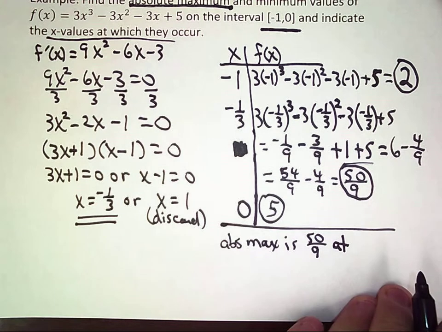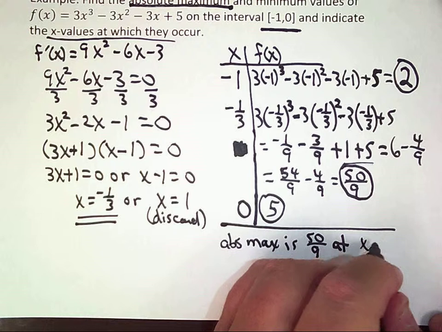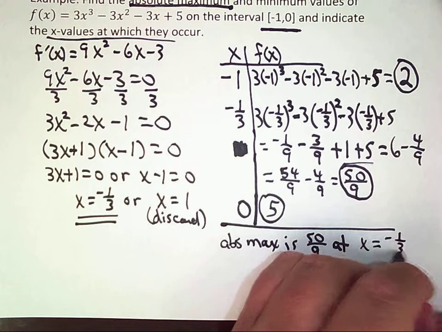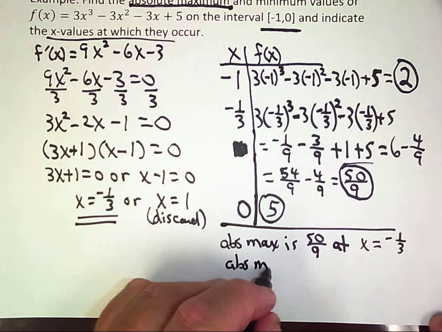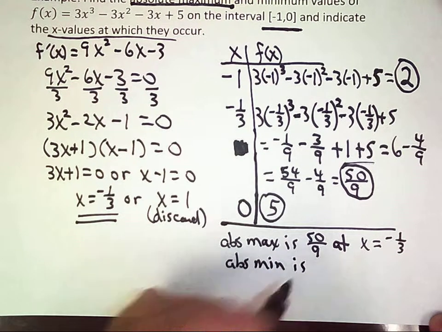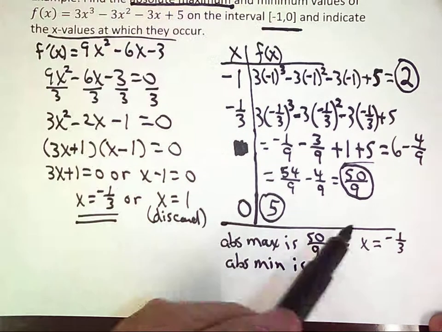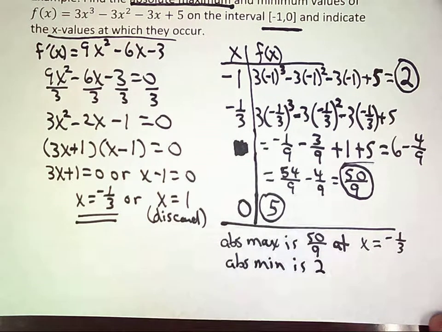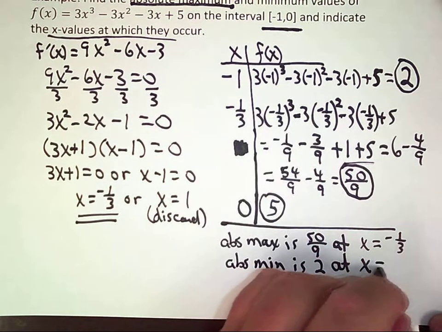So 59 ninths at x equal negative 1/3. And then there's an absolute minimum. And that absolute minimum is the smallest number. Well, the smallest number is obviously 2. So there's an absolute minimum of 2. And it occurs at x equal -1.